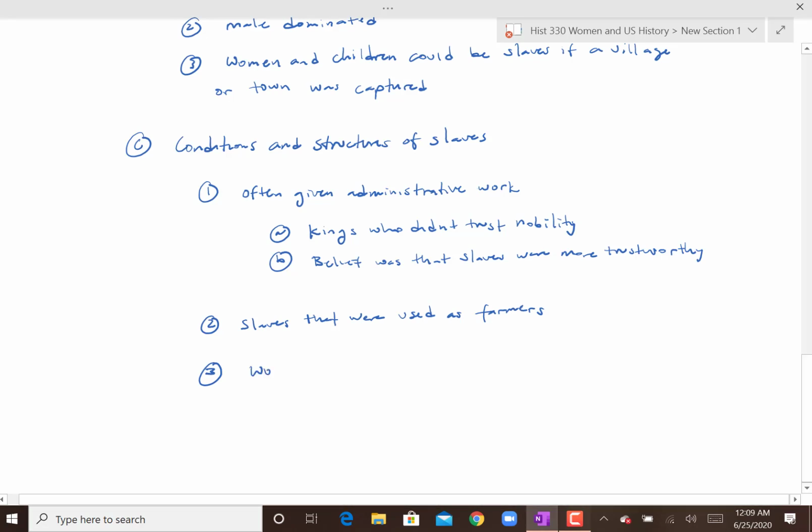Women still were largely used for domestic work, and this is common in a lot of places. You'll see that transition with white women indentured servants, who then shift solely to domestic work. But you don't have the same massive plantations in a lot of societies that you do in the US.